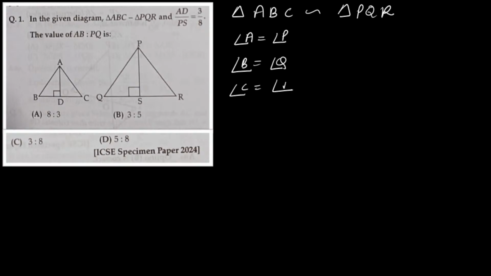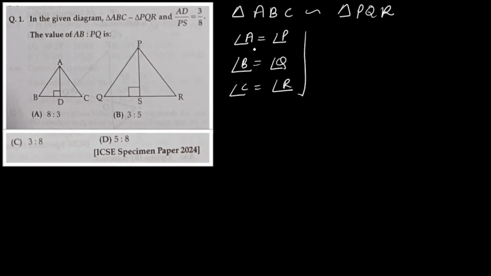Here it's given that triangle ABC is similar to triangle PQR. Basically, you have to understand that two things are given to us. One, that corresponding angles are equal: angle A's corresponding angle is P, angle B's is Q, so angle B is equal to angle Q and angle C is equal to angle R. Good morning, Isha.